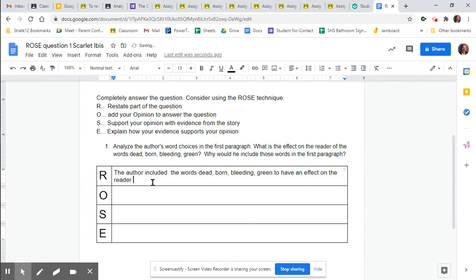Okay. So I have begun answering this question by using words from the question in my response. That's the R, restating part of the question.